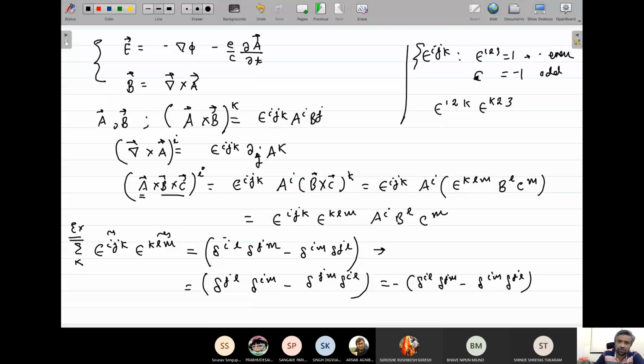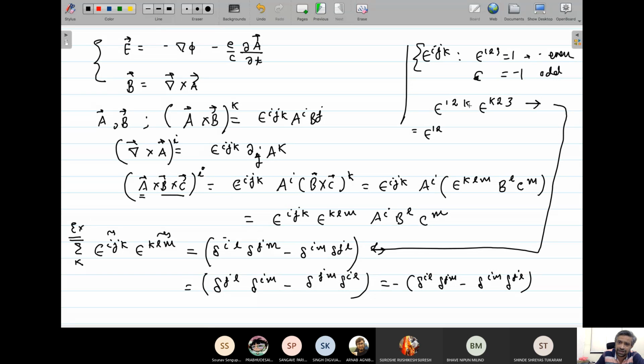From these we should know the value, and that same value we will get if I use this expression. For example, epsilon 12k epsilon k23: what value can k take here? 1 and 2 are already used.